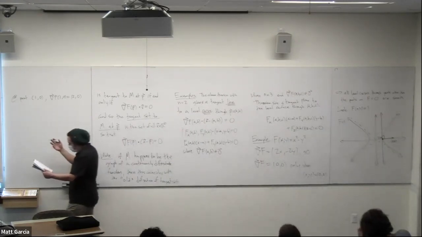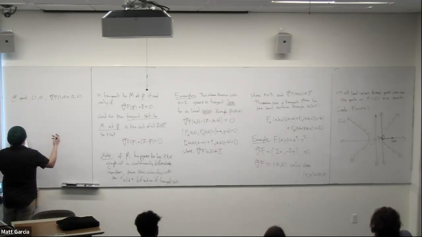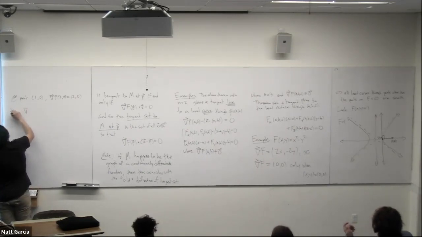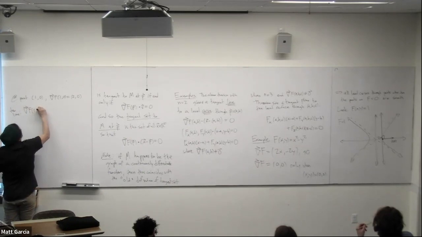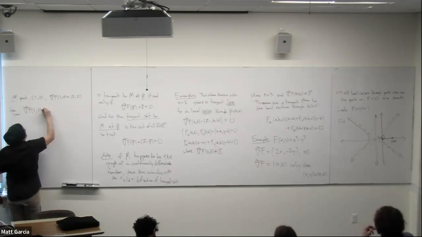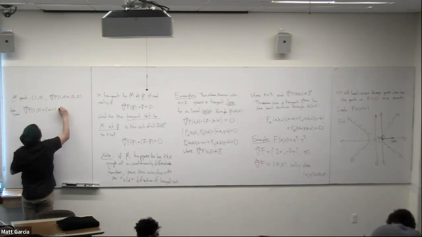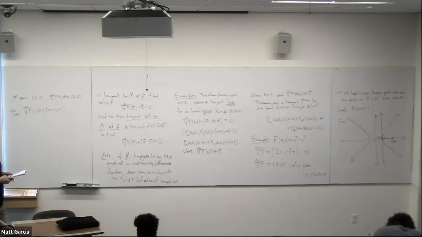So let's bear that out in computation. The tangent line is given by the gradient evaluated at our point dotted with (x, y) minus our point, right? (x minus 1, y minus 0).